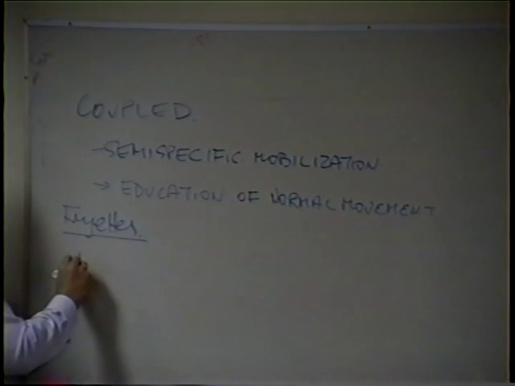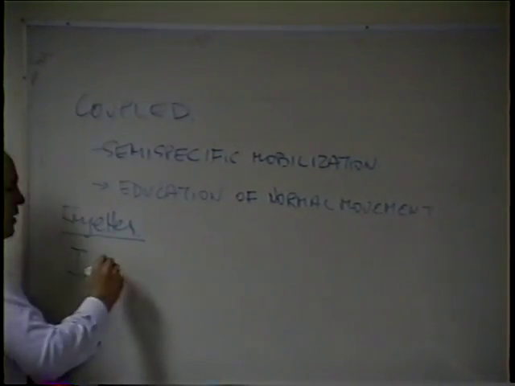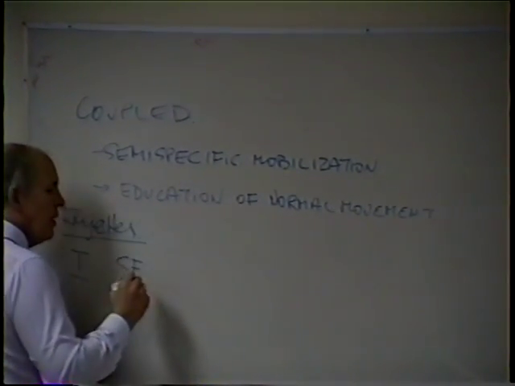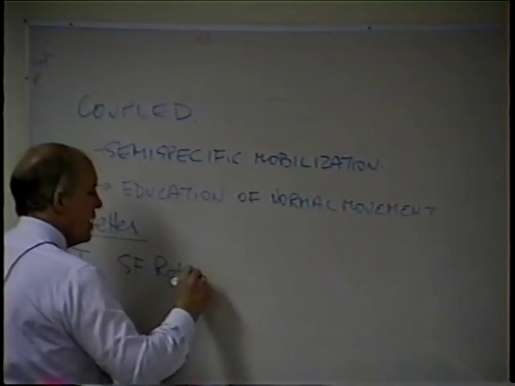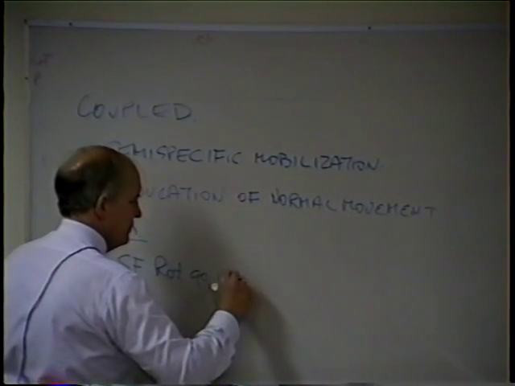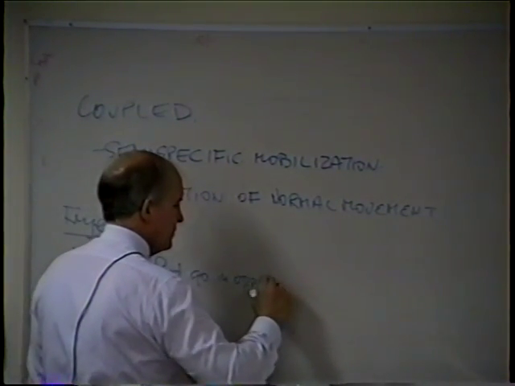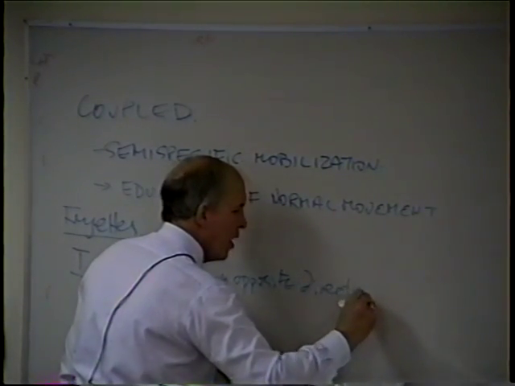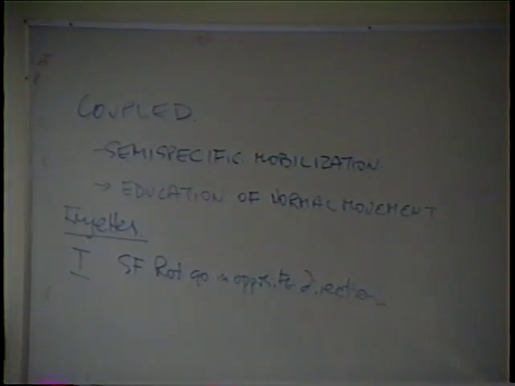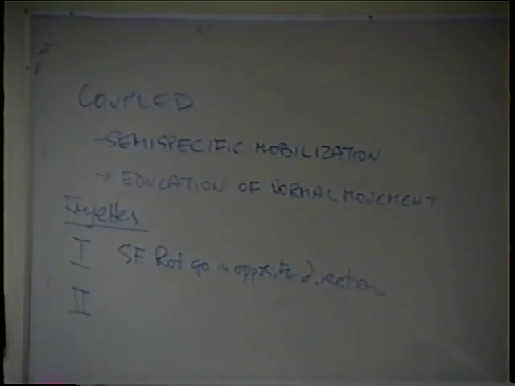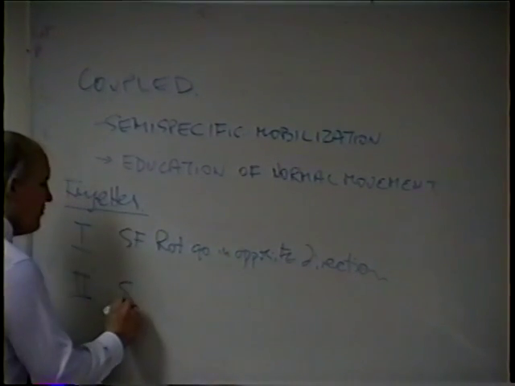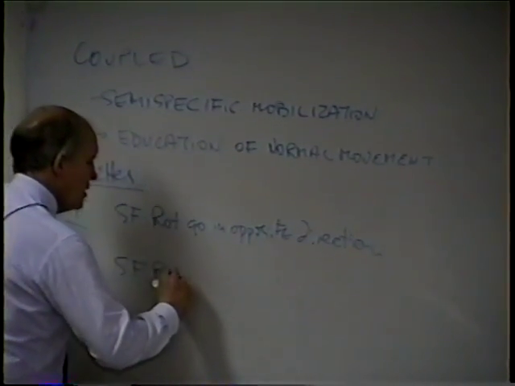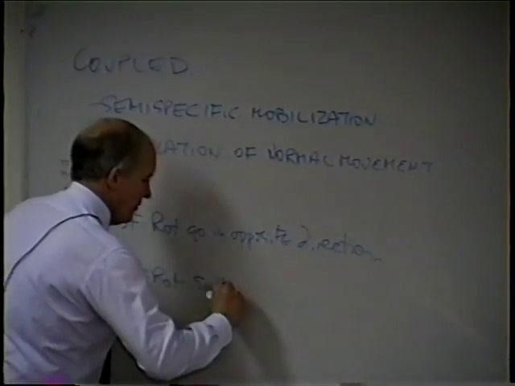And the first law was related to when side flexion and rotation go in opposite directions. And they were said to follow the type 1 law principle. He expressed the second law as when side flexion and rotation are in the same direction.